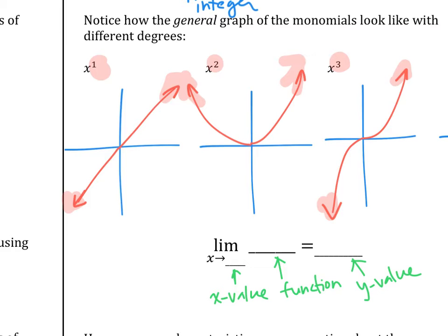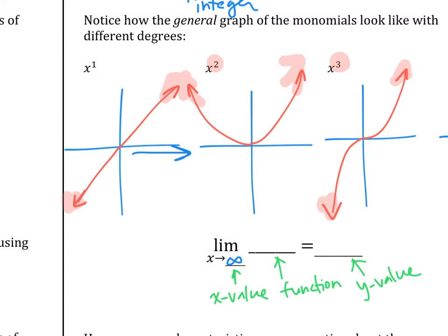All right, for example, if we're saying x is going to infinity. First of all, let's talk about infinity. Infinity just means a very, very, very big positive number, right? So when x is going to a very big number, we're talking about this one for x.